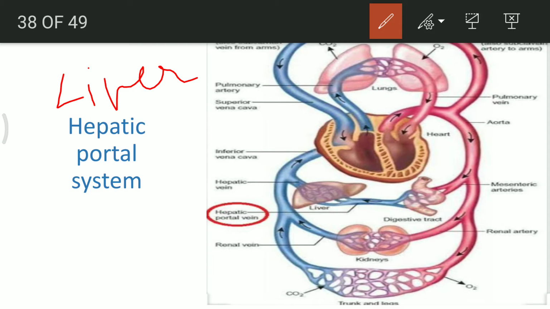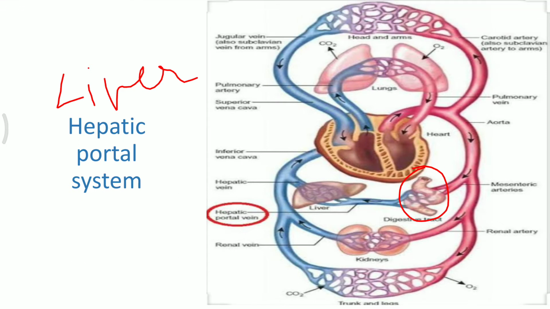Other than the liver, there is one more thing involved in this process, and that is the digestive system. So, what happens when we take in food? It undergoes digestion, and then after assimilation, the blood vessels in the villi exchange the digested food end products, that is glucose and amino acids, with the capillaries, and take up these glucose and amino acids from the tissue itself.